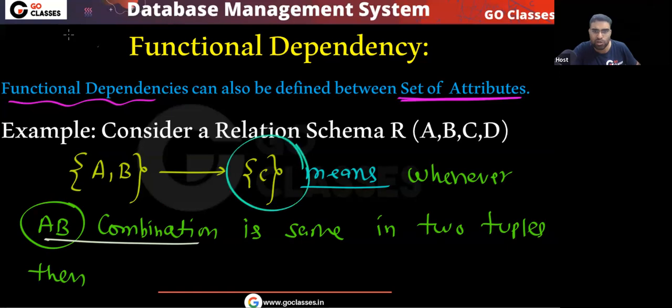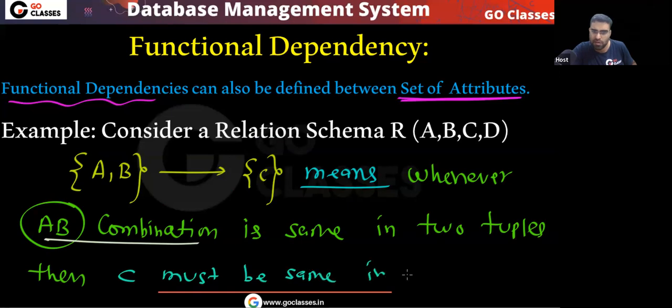Then this C value also must be same in those tuples. Is this clear? Very simple point. This is a very simple idea.